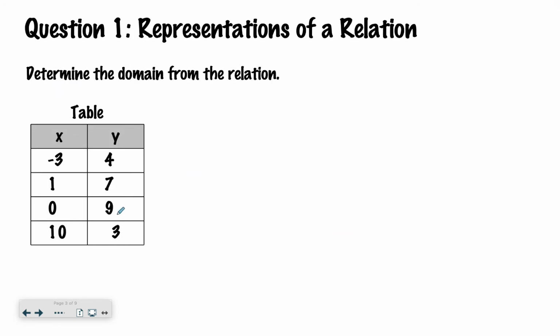Why don't you go ahead, take a look at this table, and I want you to write out the domain from this relation. Good luck. All right, hopefully for this answer, you said it was -3, 0, 1, and 10 for the domain. And remember, you need to list it in that order.